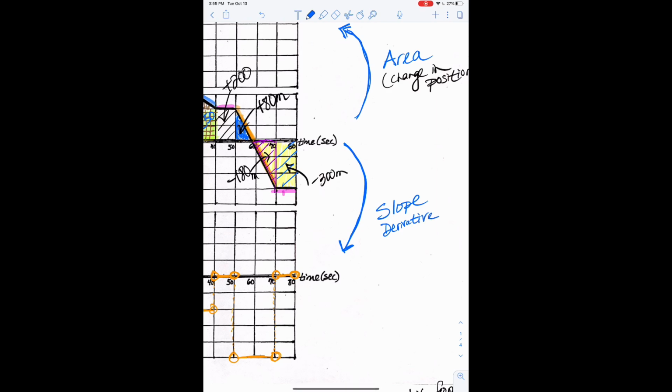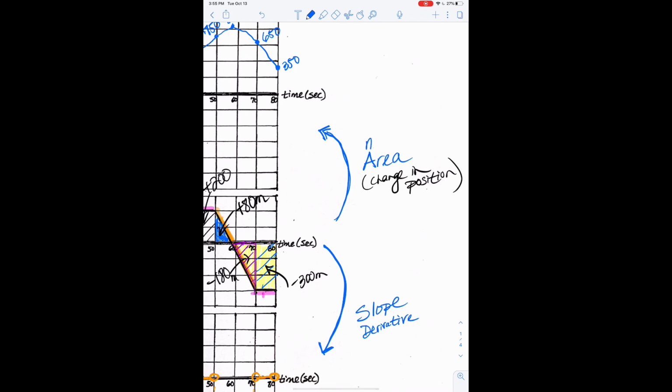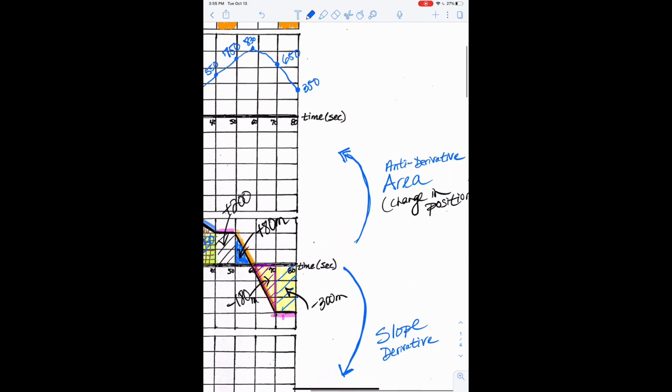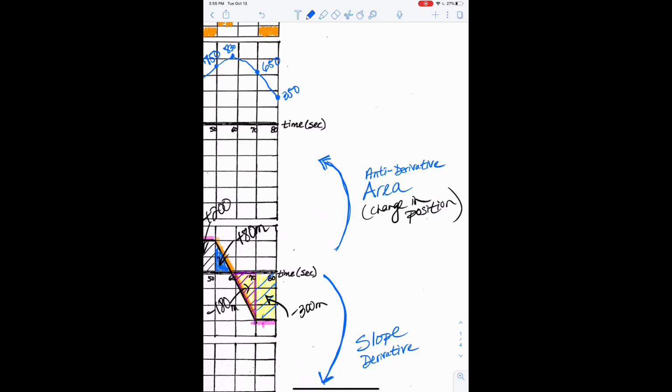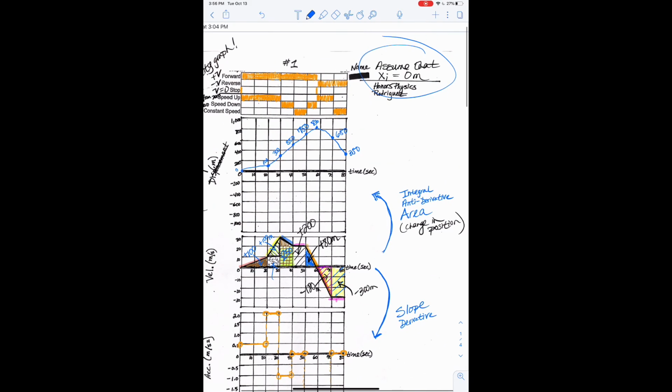And we can take the antiderivative with the area from the velocity function to get the position function, and that's called an integral. So there's the tie-in to math class, but you don't have to know that. So anyways, just wanted to point that out.